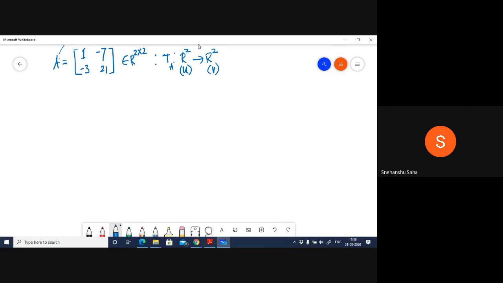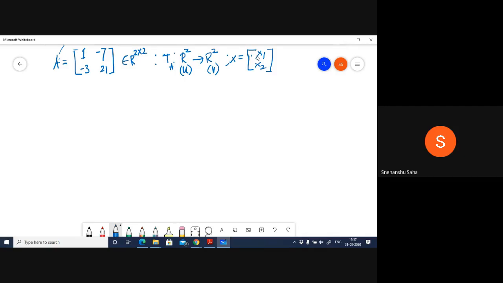Naturally, since there is no problem with the dimensionality, we can pick a column vector X, which would be a 2 by 1 column vector, X1 and X2. So by definition of null space, what do we know?